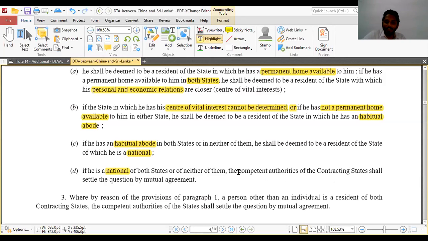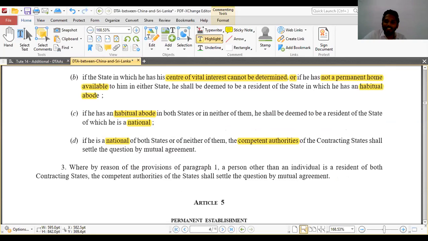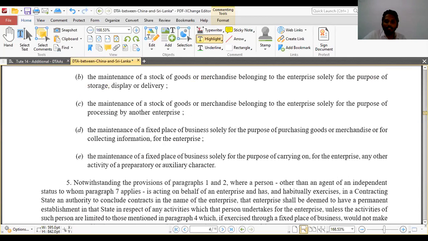Then who is the competent authority? Basically, according to this China treaty, the competent authorities are defined as the persons who have signed the agreement.